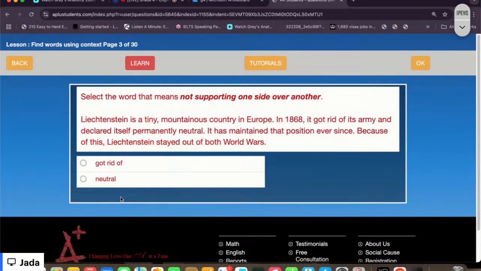In 1868, it got rid of its army and declared itself permanently neutral. It has maintained that position ever since because of this Liechtenstein stayed out of both world wars. So not supporting one side over another, got rid of or neutral.